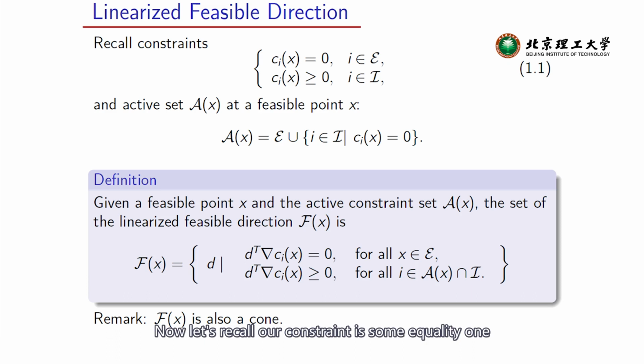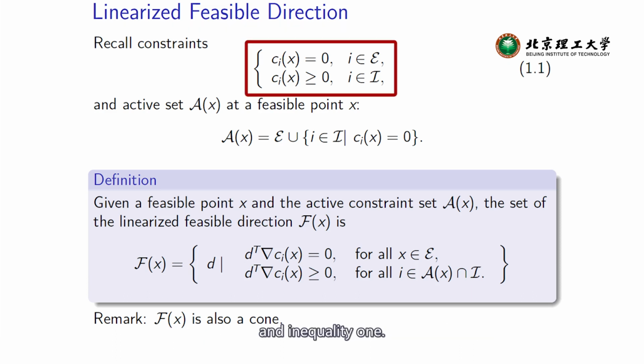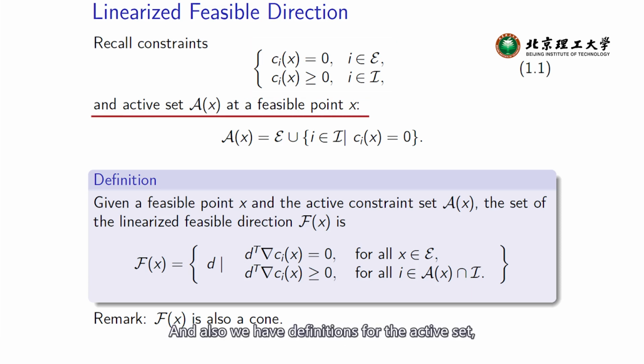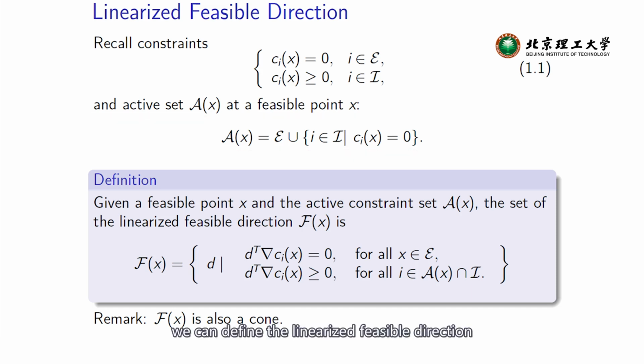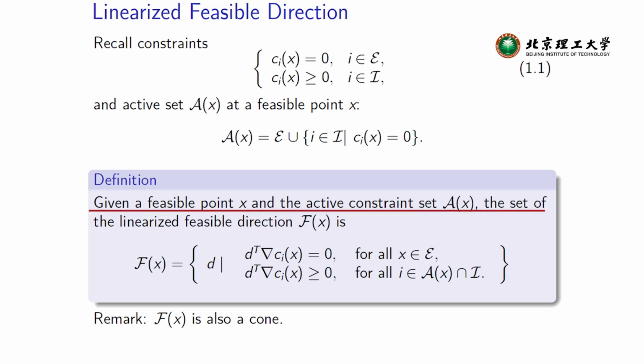Now let's recall our constraints: some equality constraints and inequality constraints. We also have the definition of the active set, which means those constraints that hold with strict equality at some point x. Now, having the constraints and the active set, we can define the linearized feasible direction in the following way.